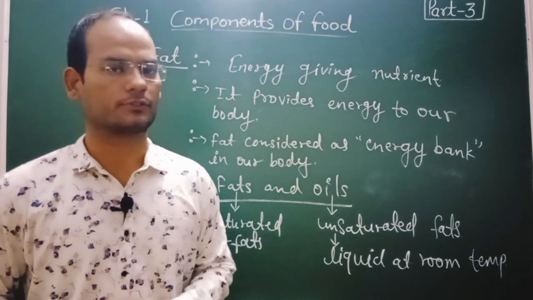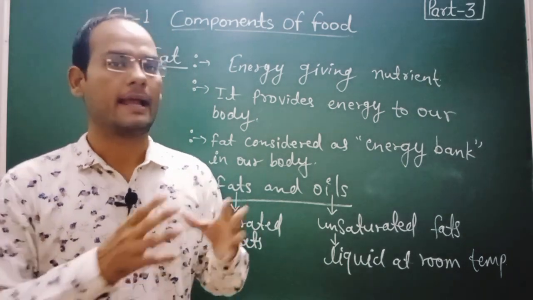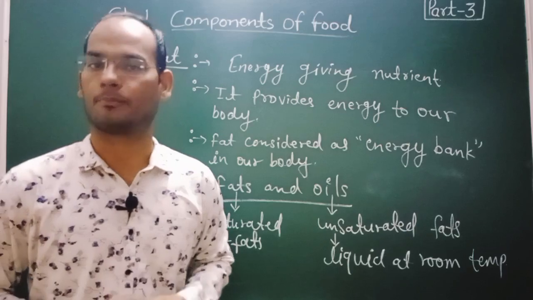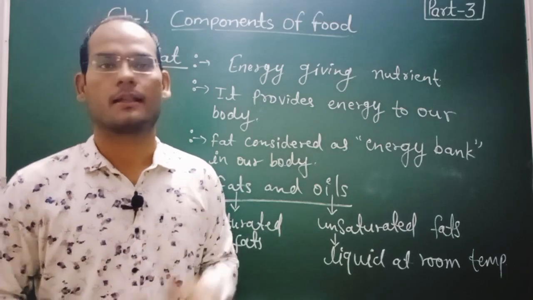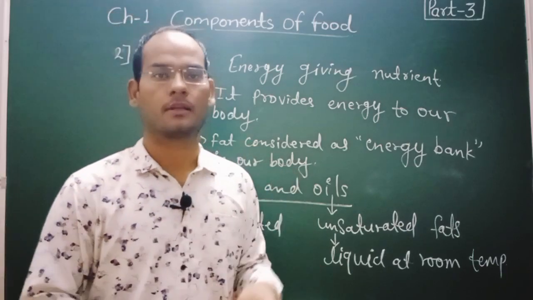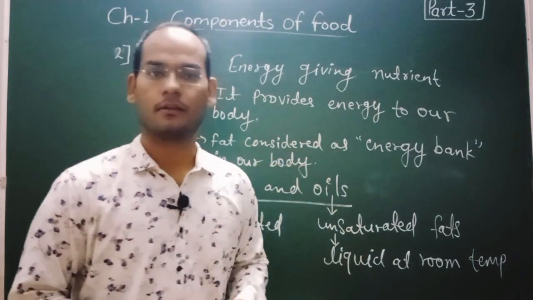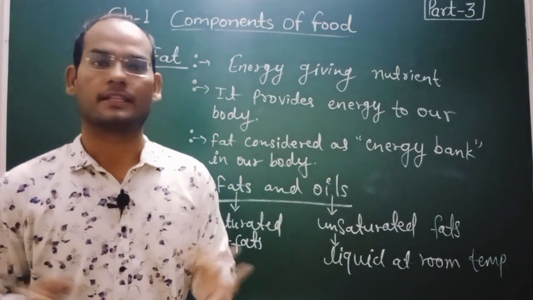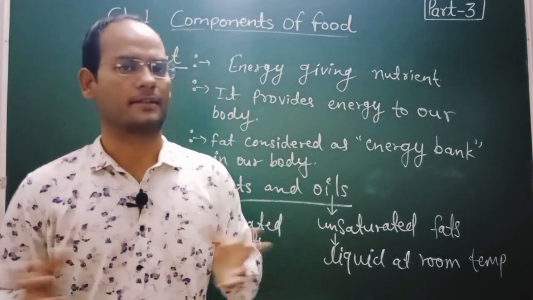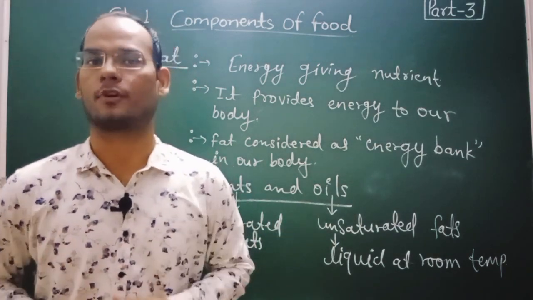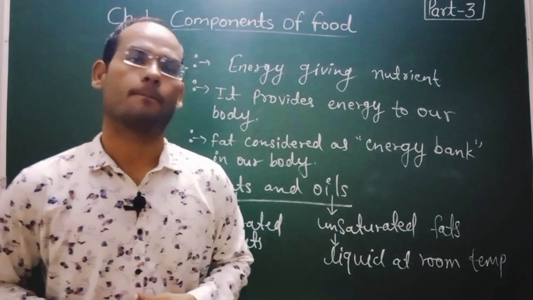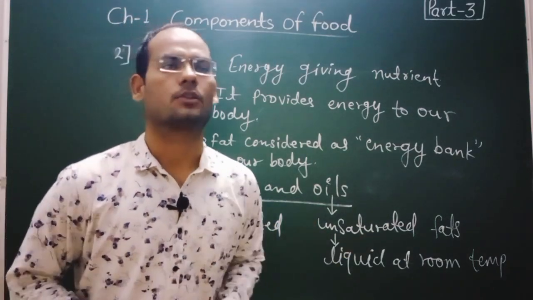These are good sources of fats. And what are the plant fat sources? Mustard oil, groundnut oil, canola, sunflower. These are good sources of fats we get from plants. Clear?